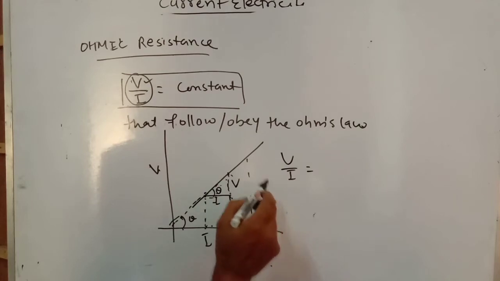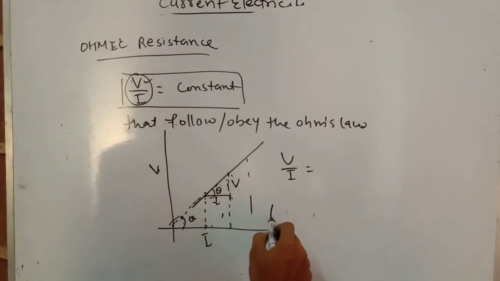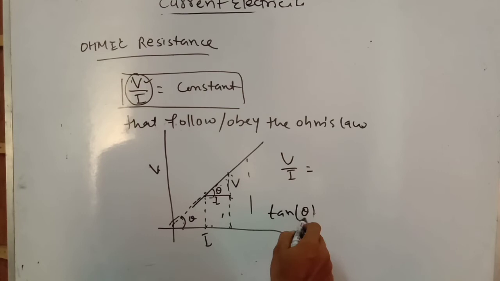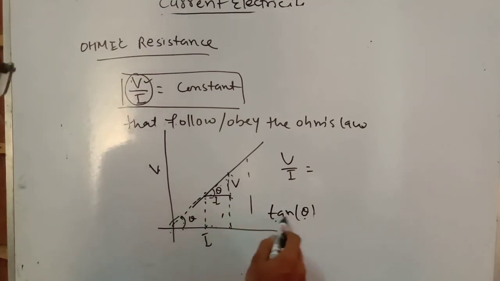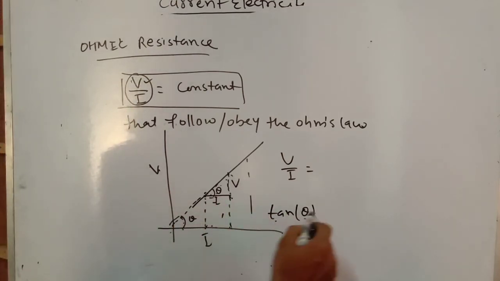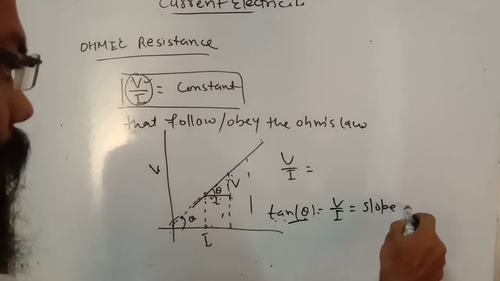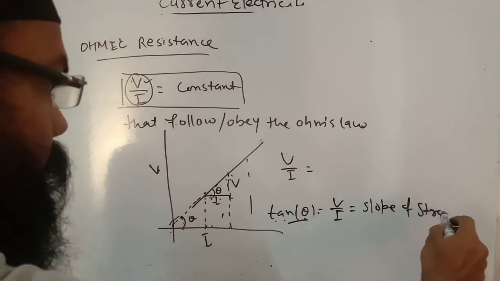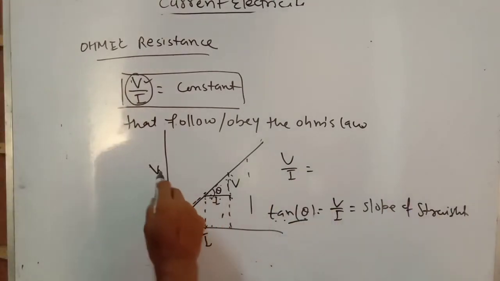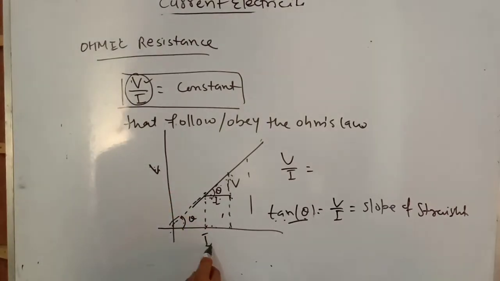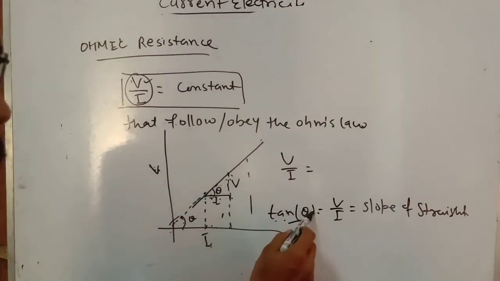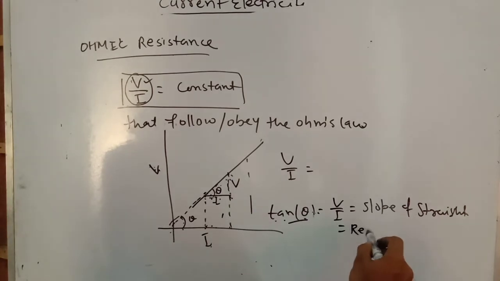The tan of this angle theta gives the slope of the straight line, which is V by I. So in the V versus I graph, the slope of the graph gives the resistance of the conductor.